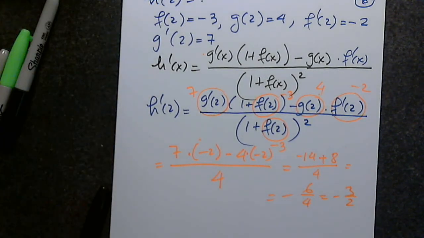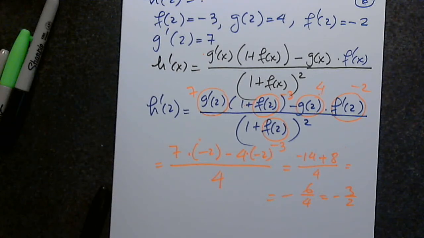So the slope of the tangent line to the graph of function h at x equals 2 is -3/2. The rate of change at that point is -3/2. Any questions? So this is h prime of 2, the rate of change at 2 of this function.